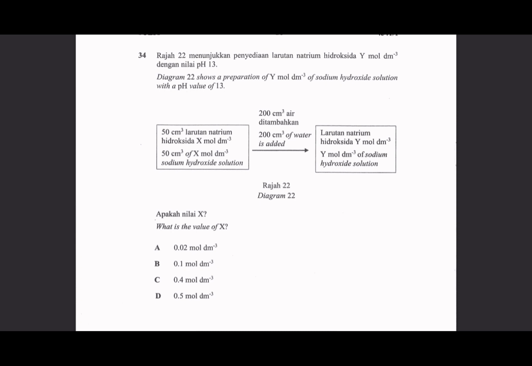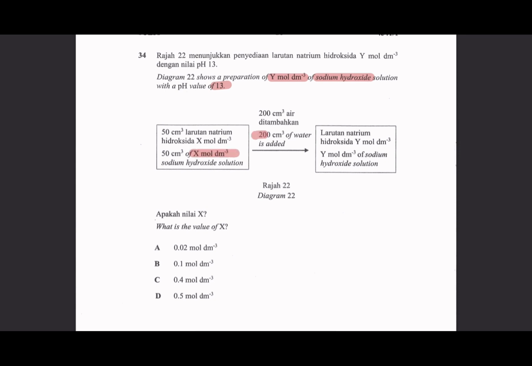Okay, question 34. The diagram shows a preparation of 1 mole per decimeter cube of sodium hydroxide solution with the pH value of 13. We have two different concentrations. Initially it is X mole per decimeter cube.